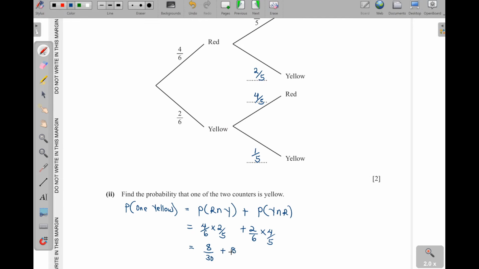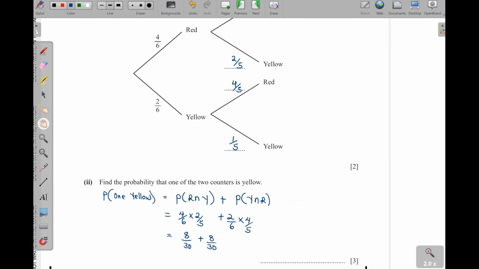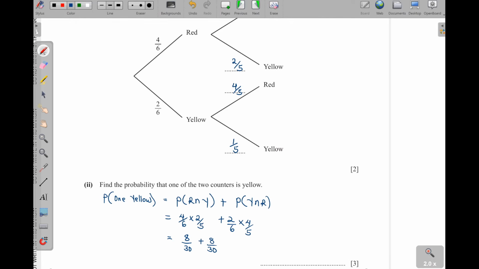Then also 8 out of 30, which will give us 16 out of 30. We can write our answer as 16 out of 30, but 16 divided by 2 gives you 8, and 30 divided by 2 gives you 15. So the answer is 8 out of 15 simplified.